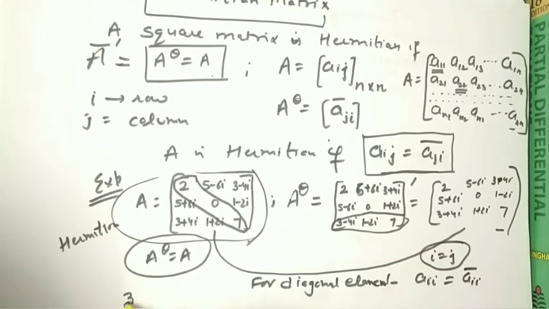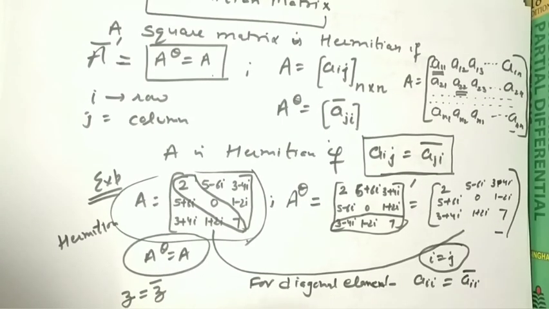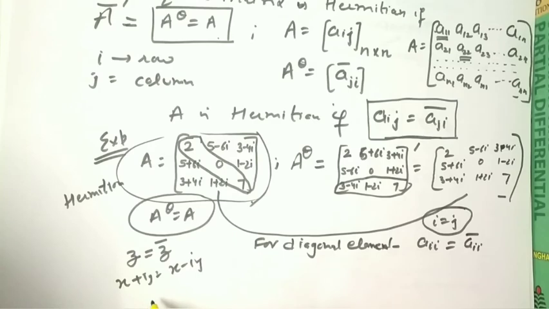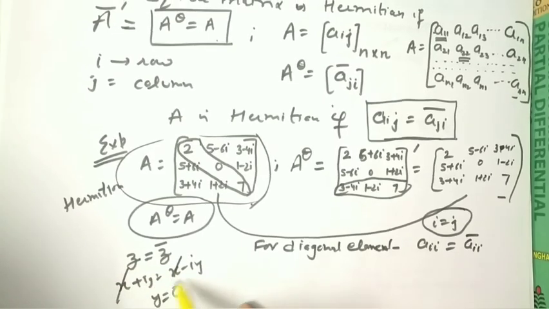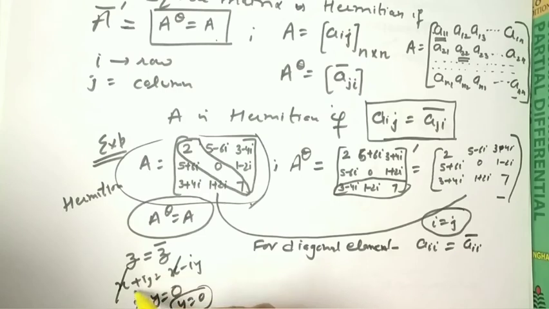Take this element z as a complex number. If x plus iota y is equal to x minus iota y, then a number equal to its conjugate means the imaginary part is 0. That is what we get from here, because x cancels with x and it will be 2 iota y equal to 0, which means y is equal to 0. So y equal to 0 means the number z contains only the real part. So it is a real number, not a complex one.